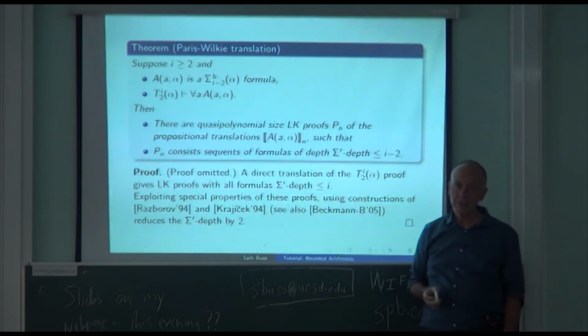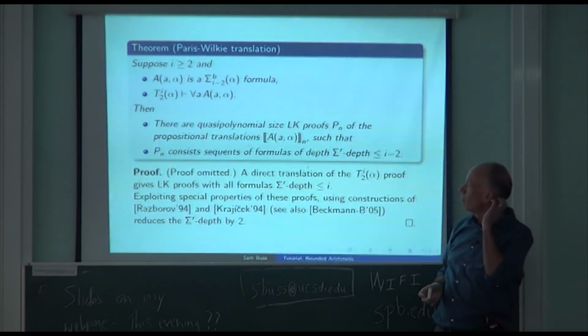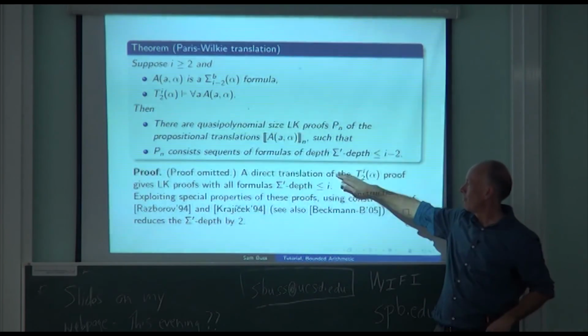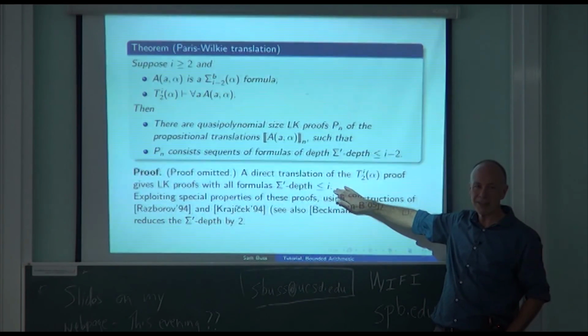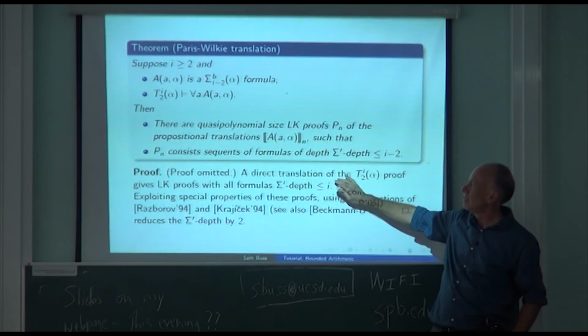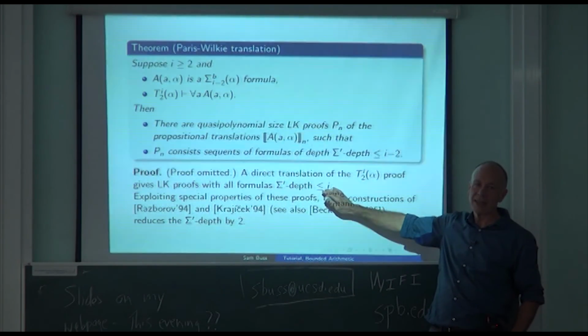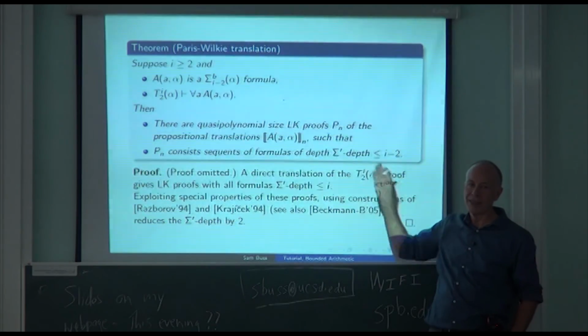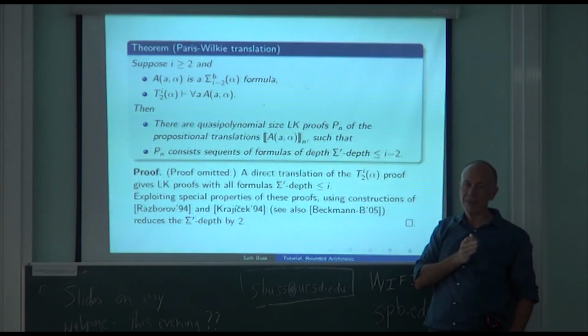The proof, which I'm not going to give you, the first part is actually pretty straightforward; you should be able to see the idea. You can translate it by a straightforward translation to sigma prime depth less than or equal to i. Take a T^i_2 proof, get a free-cut-free proof in which every formula is strictly sharply bounded sigma B i, and do the translation I was describing.